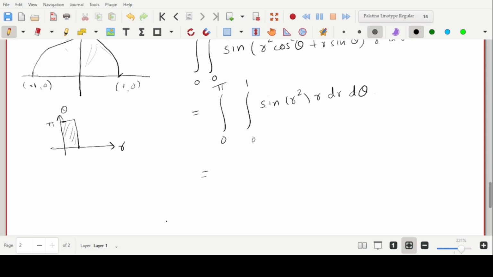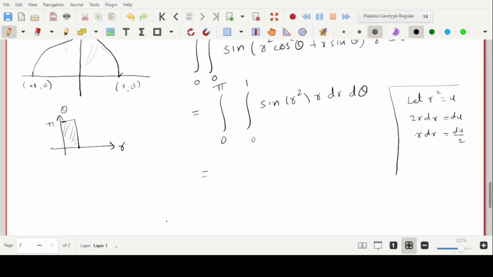Let r square be equal to u. This is now the substitution in one variable, so this is our usual method. So 2r dr, the derivative of r square, is equal to du. Therefore r dr, which is the term over here, is du over 2.